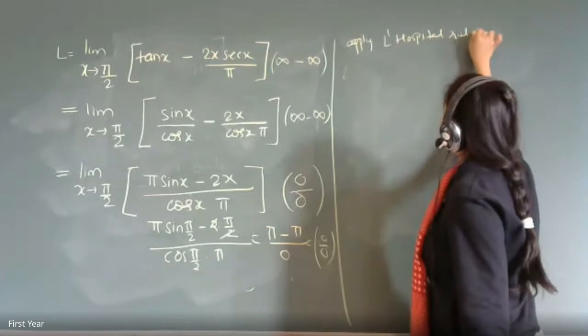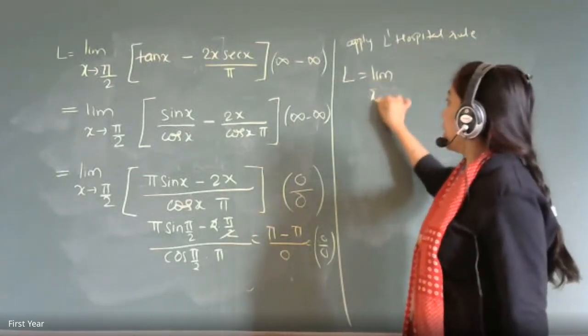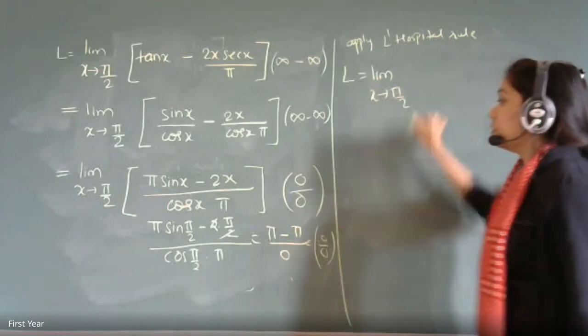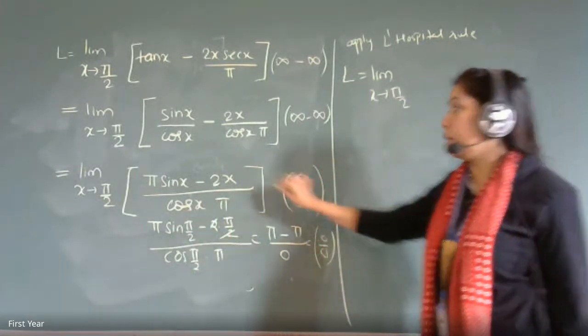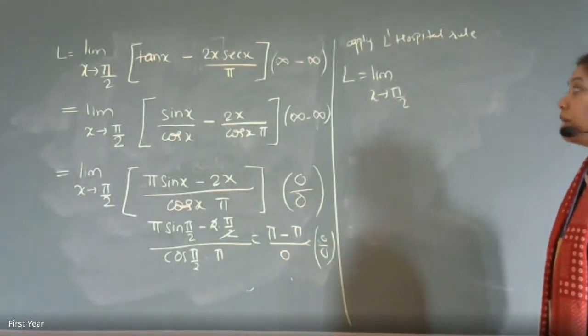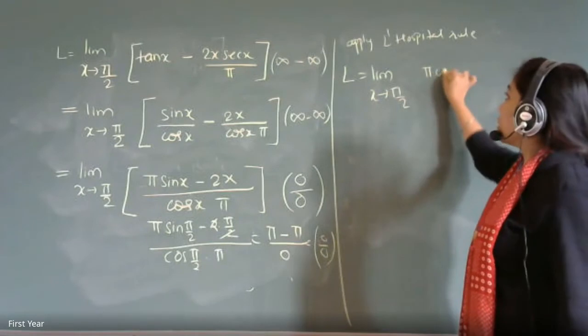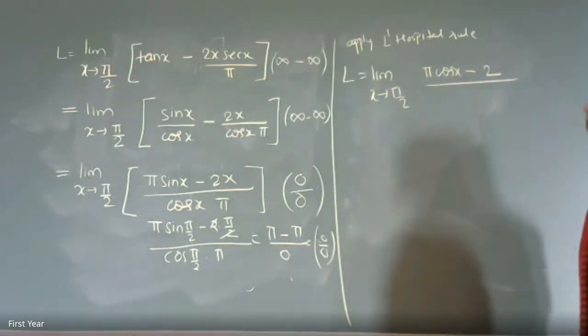L is equal to limit as x goes to pi by 2. This I have done calculation to show how it is 0 by 0. Now you have to apply the L'Hospital rule to the function pi sin x minus 2x. So it's pi cos x minus 2 divided by minus pi sin x.